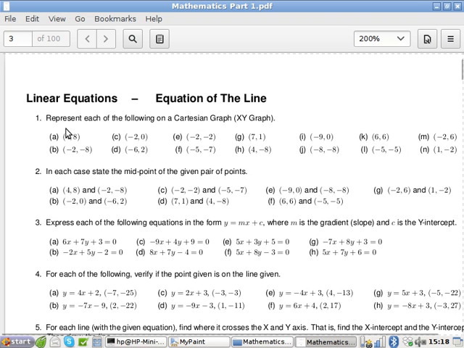So 1A, I just want you to draw this point on the XY graph, and then 2A, I want the midpoint of these 2 points. Should we sketch it or? Sketch for sure, yeah. And then I'll do them now in, I think 1 minute is enough time. So 1A and 2A.